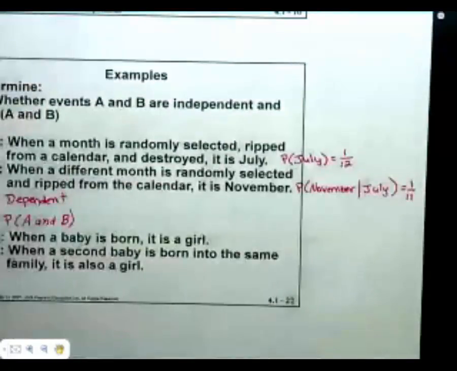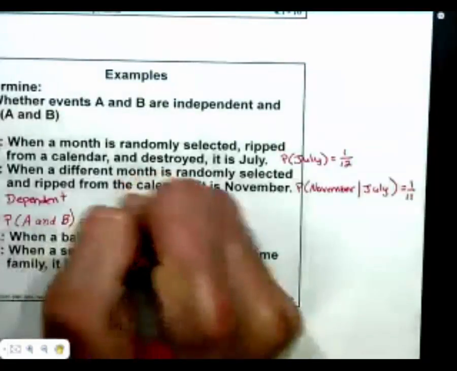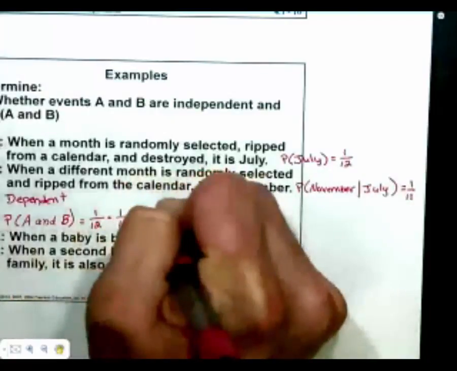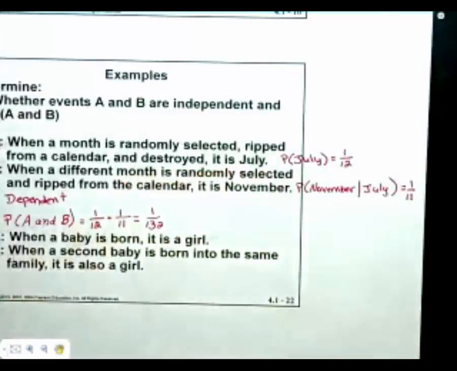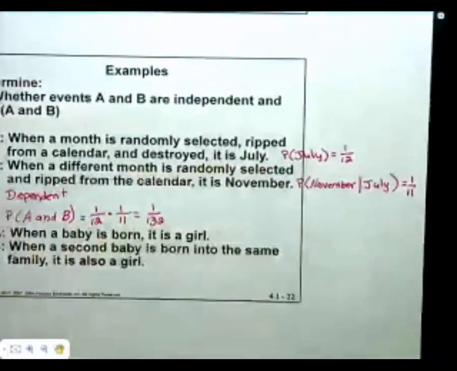But since it's A and B, it's 1 over 12 times 1 over 11, or 1 over 132. Wouldn't be very often if you had 1,000,000 calendars and you closed your eyes and ripped out 2 pages, it wouldn't be very frequently that the first one just happened to be July and the second one just happened to be November. What is that probability if you round it to 3 decimals for me?